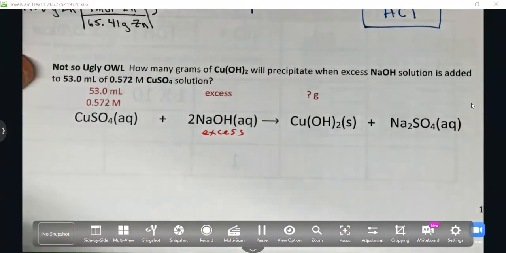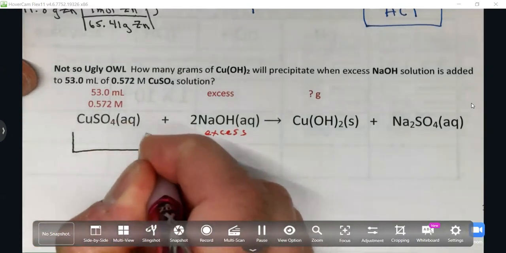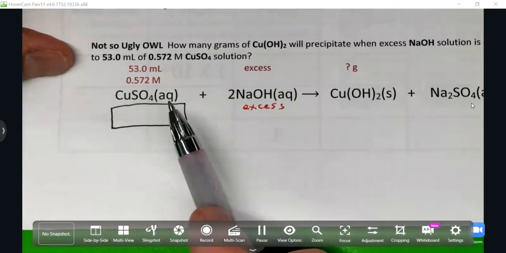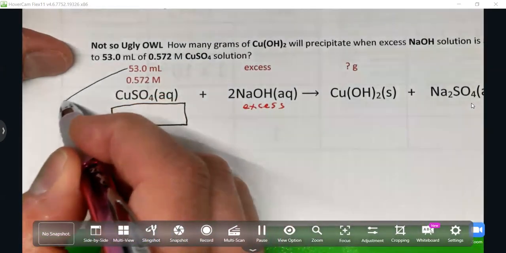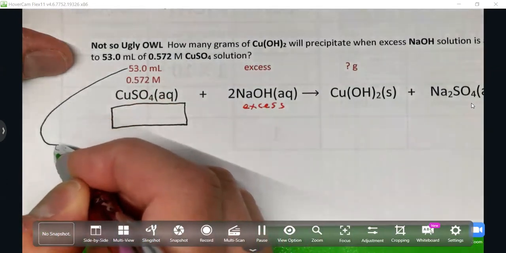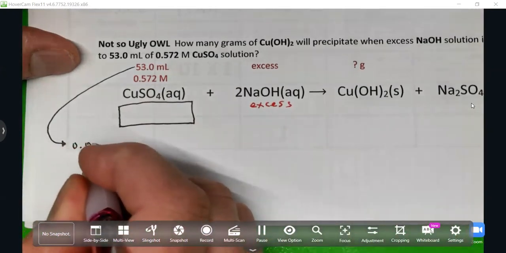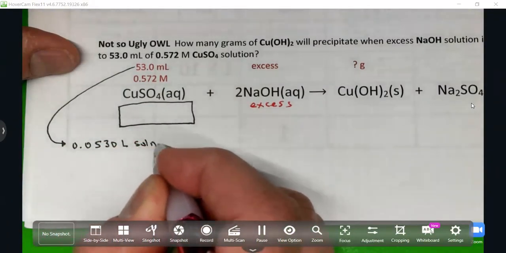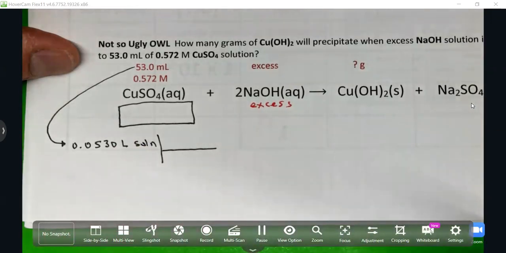But what do we have to do? We have to get moles here. We always get moles. So to get moles, again, I say this is a little bit easier because we don't have to look at our periodic table to start this problem at least. This is 0.0530 liters of solution. We got to get moles, right?